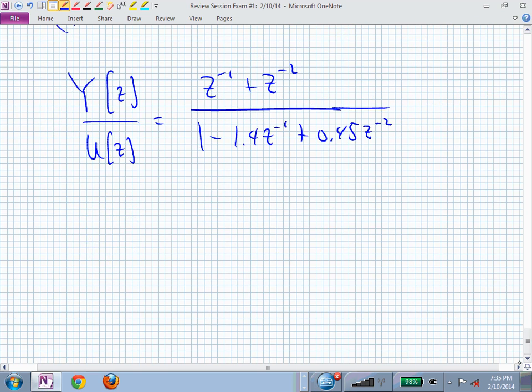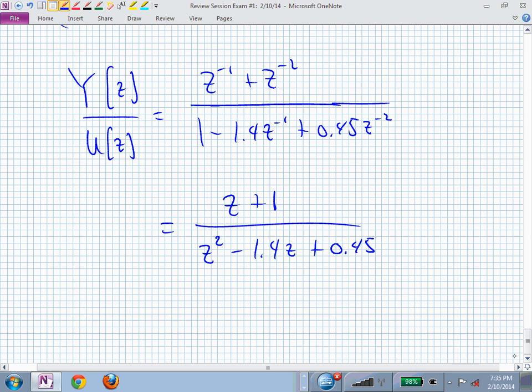Maybe that's not easy to think about, so if I'm finding poles and zeros, I would convert to positive powers of z. If I factor out a z to the minus 2 downstairs and a z to the minus 2 upstairs, those cancel, and I'm left with z plus 1 upstairs, z squared minus 1.4z plus 0.45. And that denominator polynomial better look familiar.